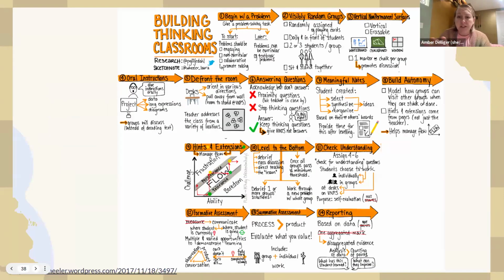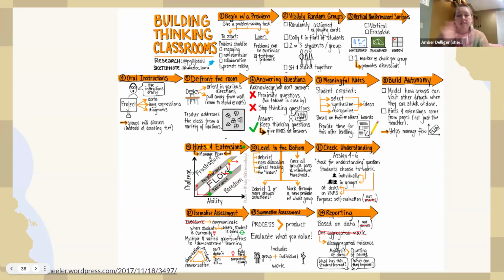So this slide is really crazy busy, but I wanted to put it in for you. This slide talks about all the different structures that go into place. The reason why I love thinking classrooms is not only is it super in line with a lot of our mathematical practices, but it's also really well in line with our ACEs TIF skills about building norms and routines and expectations.